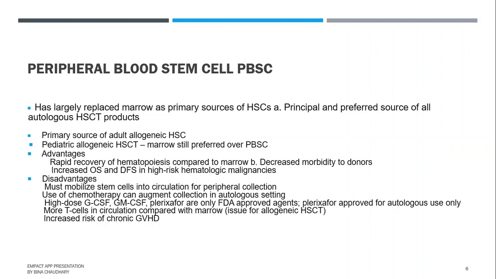There are also disadvantages for PBSC. We must mobilize the stem cells into circulation for the peripheral collection, so it needs stimulating factors like G-CSF, GM-CSF, and plerixafor. Plerixafor is approved for autologous use only, and there are more T cells circulating compared with marrow, which is an issue with allogeneic hematopoietic stem cell transplantation. The biggest disadvantage of PBSC is the increased risk of chronic GVHD.